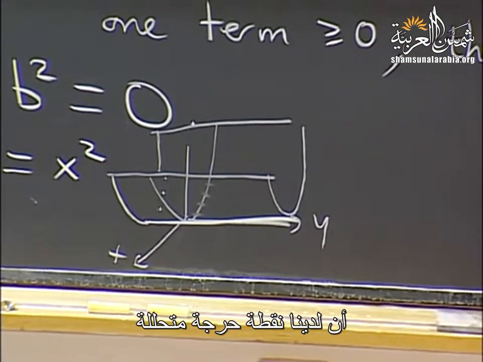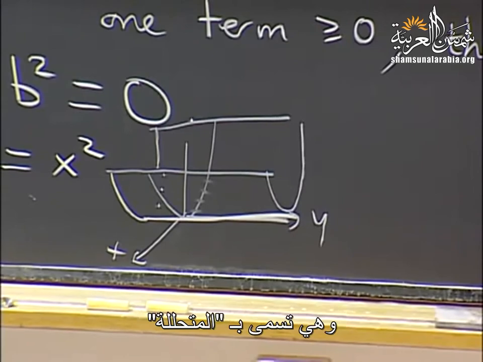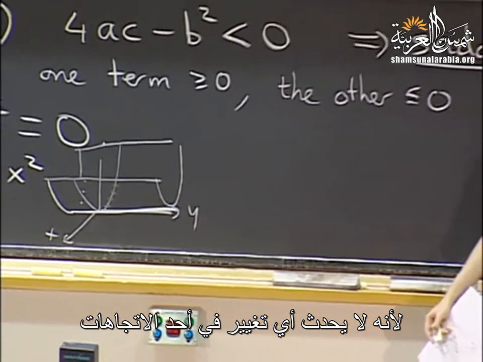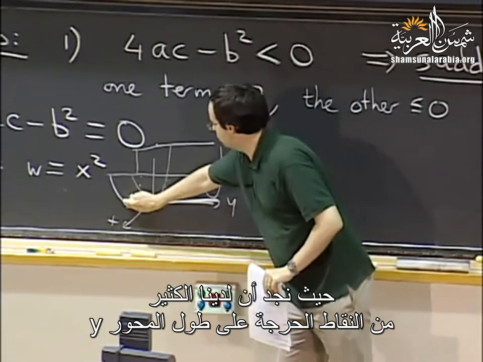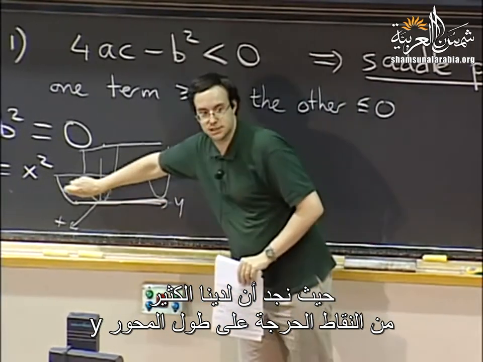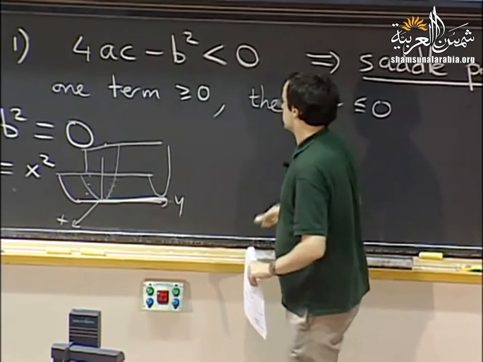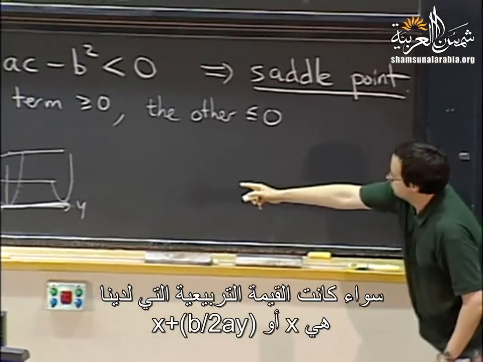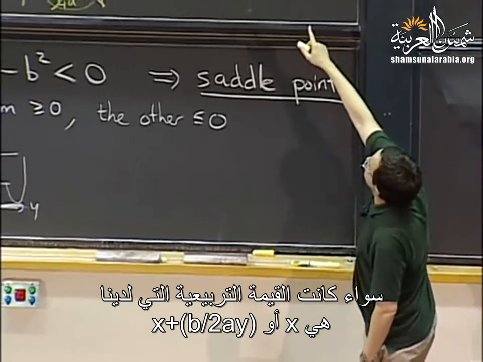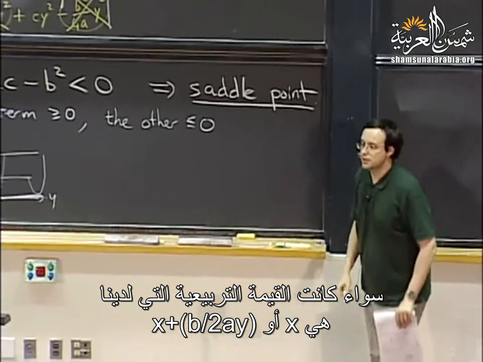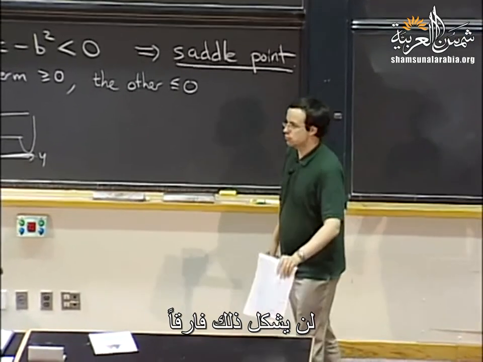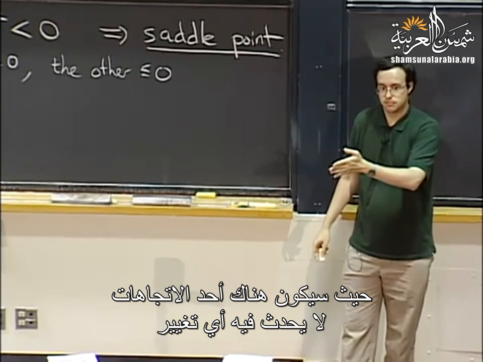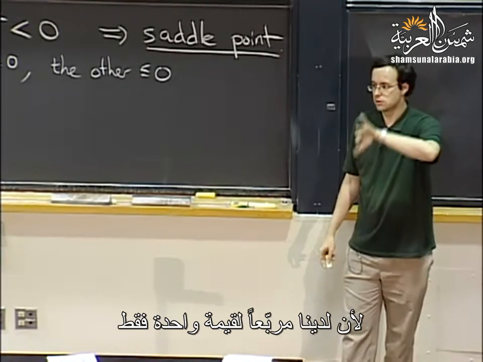So that means we have a degenerate critical point. It's called degenerate because there's a direction in which nothing happens, and in fact you have critical points everywhere along the y-axis. Now whether the square that we have is x or something else, namely x plus b over 2ay, it doesn't matter. It will still get this degenerate behavior, because we just have the square of one quantity.